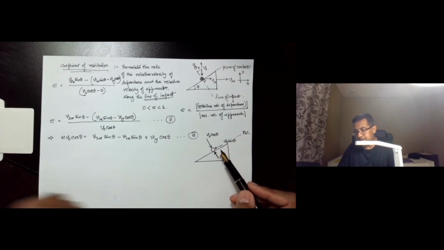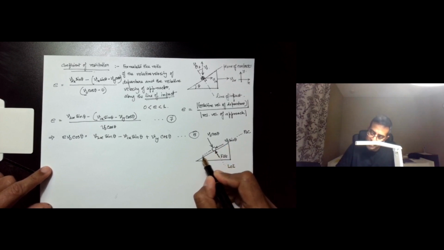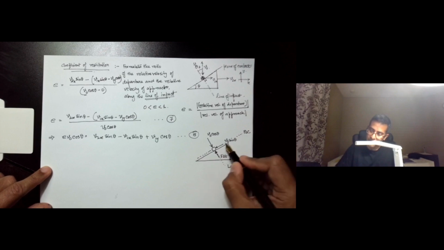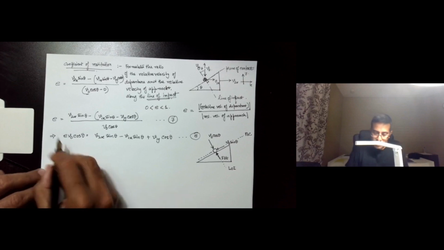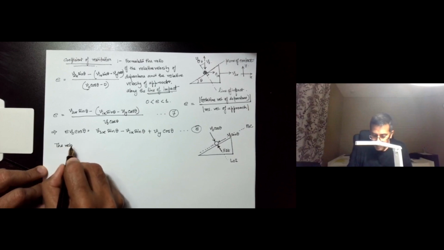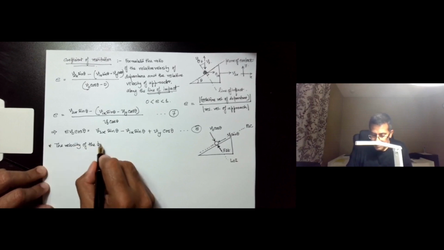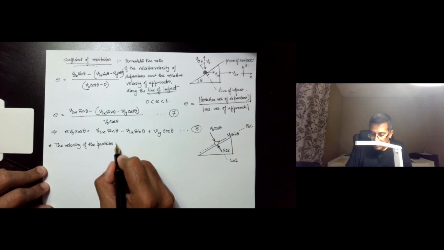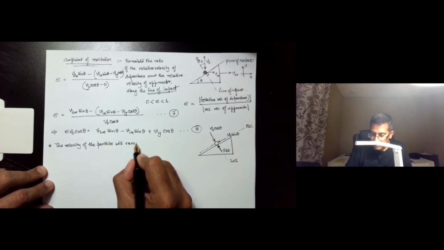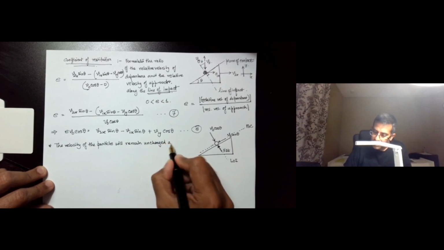That means the velocity of the particle after the impact along this direction, the plane of contact, is not going to change. So we make the observation that the velocity of the particle will remain unchanged along the plane of contact.